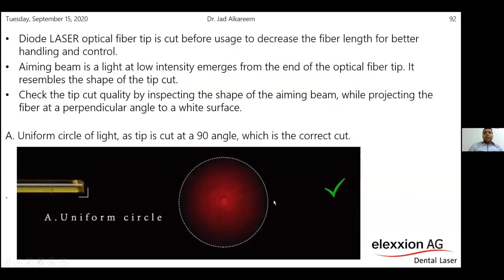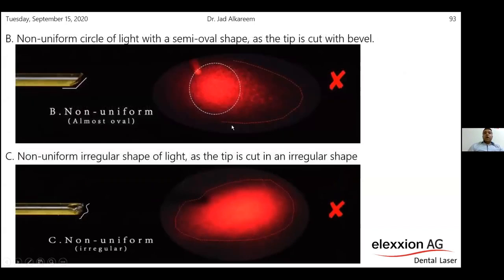Usually, to make sure that you have done the cutting correctly, bring a black paper or any dark surface, and then you bring your laser, and you have to see this circle. It should be a uniform circle of laser. If you have these shapes in this slide, that means that your cutting is not correct.